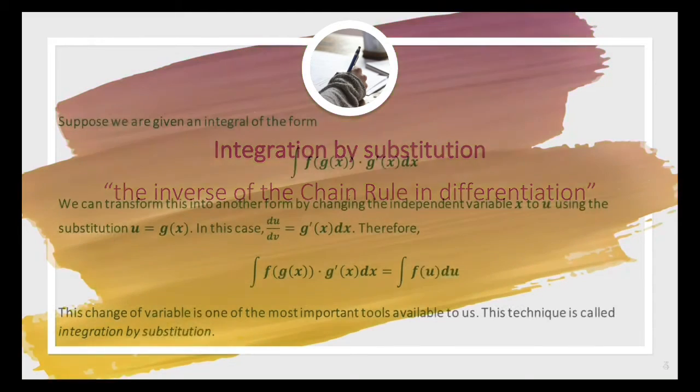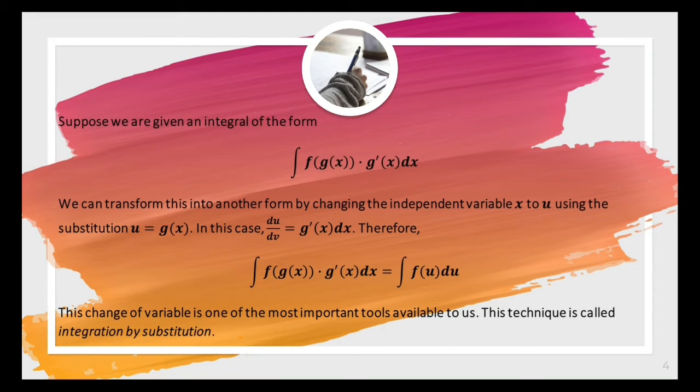The proper definition for integration by substitution is, suppose we are given an integral of the form the integral of f of g of x times g prime of x dx. We can transform this into another form by changing the independent variable x to u, using the substitution u equals g of x.